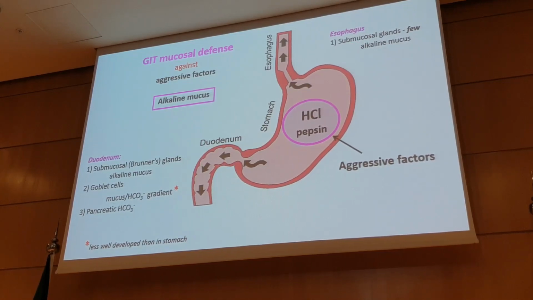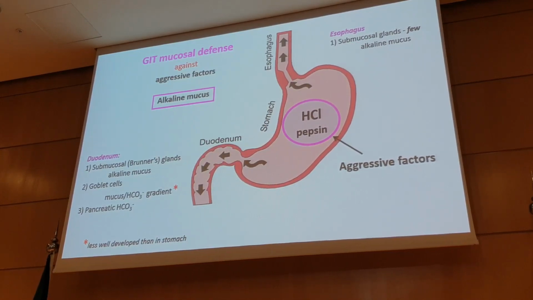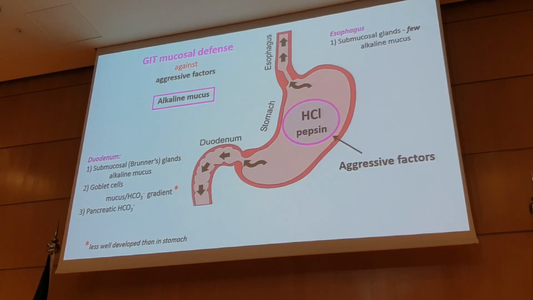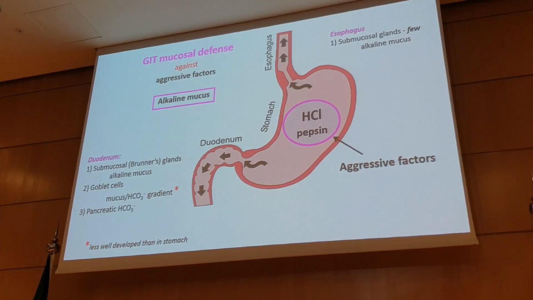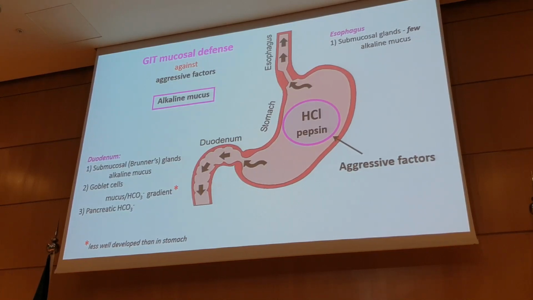Here, did you cover submucosal glands in the esophagus? Did you get that? They're in the submucosa. There's a few of them. But they make an alkaline mucus, right? Most of them are going to be located in this area here, all right? So they're trying, not very good, but they're trying, okay? Now, we know the stomach has mucus, bicarbonate gradient, what more could you want, right?